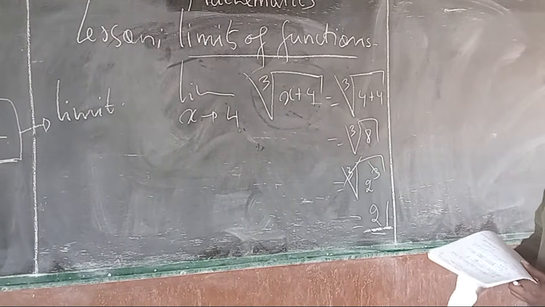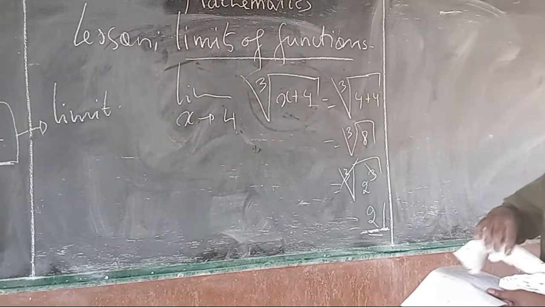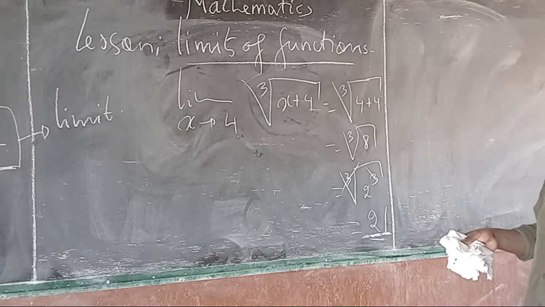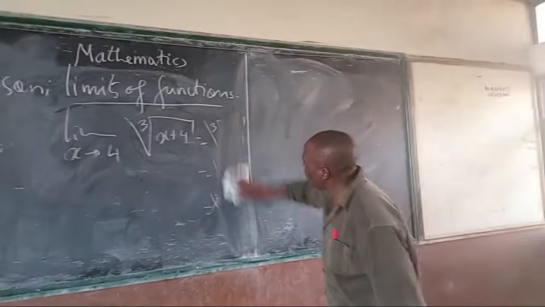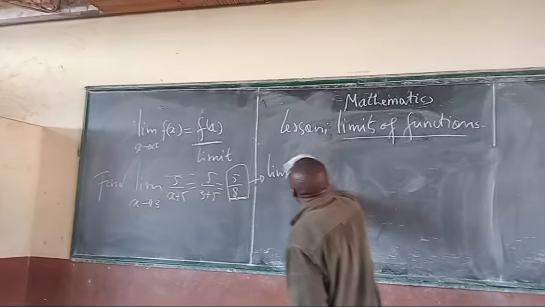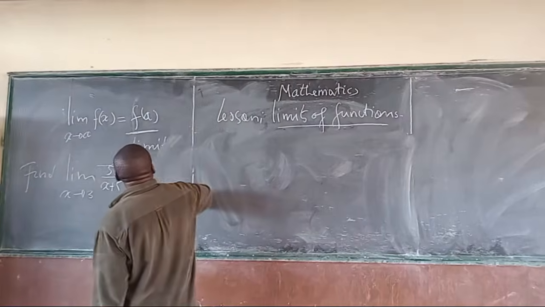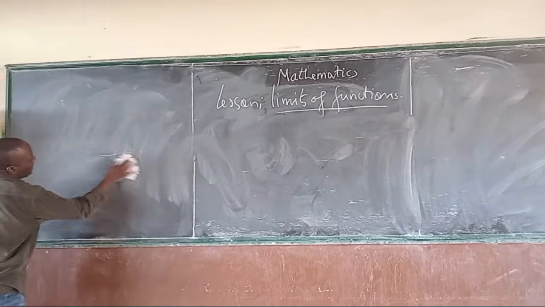Then, teachers, I'm sure we made a good revision about this lesson of limit of function. And I hope that everyone gets a new idea or a new meaning for the limit of a function.